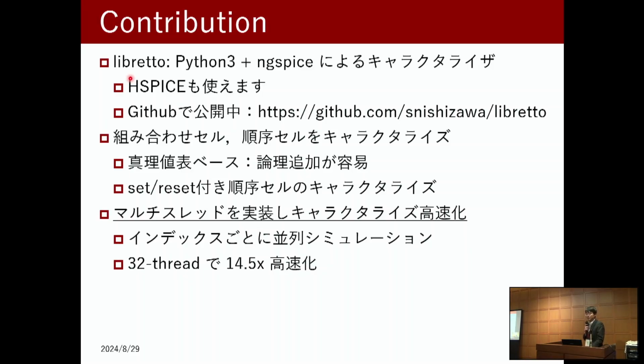This characterizer is developed with Python 3 and the free NGSpice simulator. So everything is free, and this tool is available on my GitHub. It can characterize combinational cells and sequential ones, and it uses a truth table to implement the logic functions.